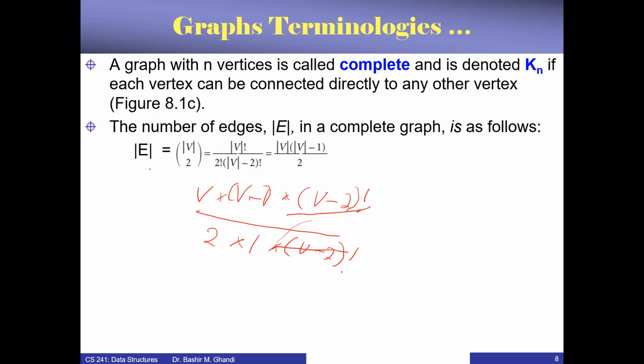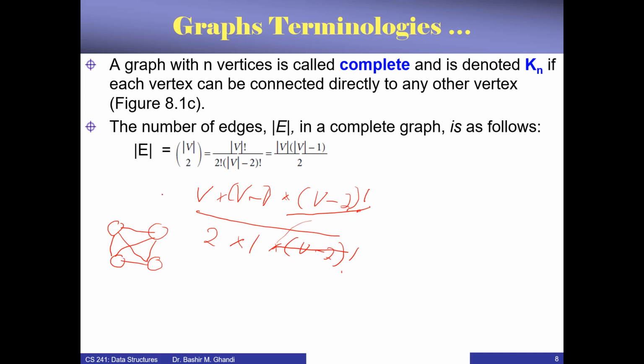For example, the complete graph we saw in the other example in the figures has 1, 2, 3, 4, 5, and 6 edges. Can we get this from this formula, knowing that the number of vertices is 4? 1, 2, 3, 4. Well, let's try the formula.